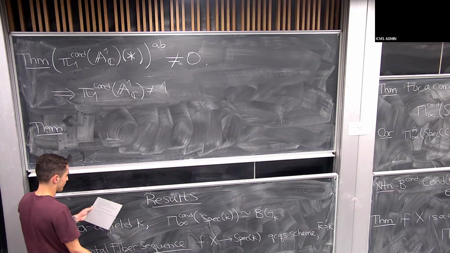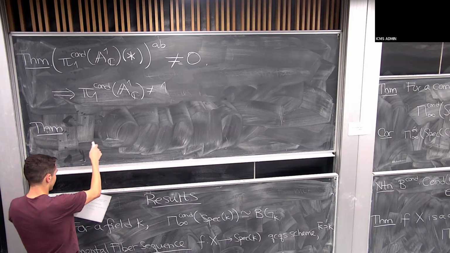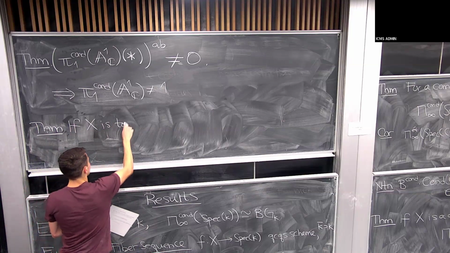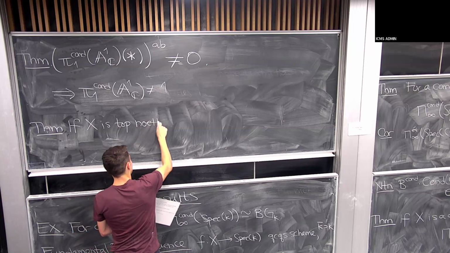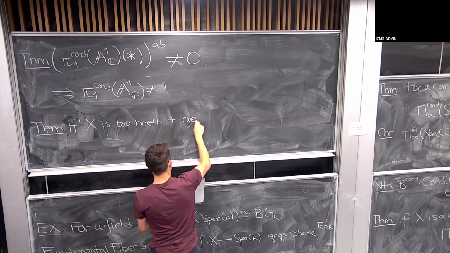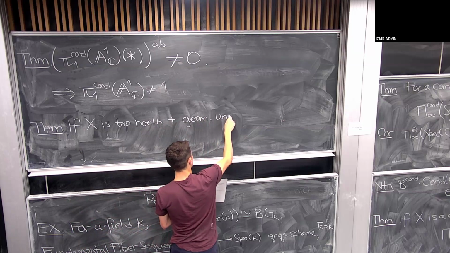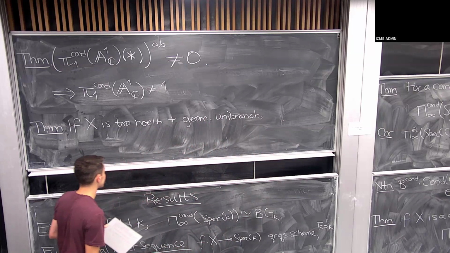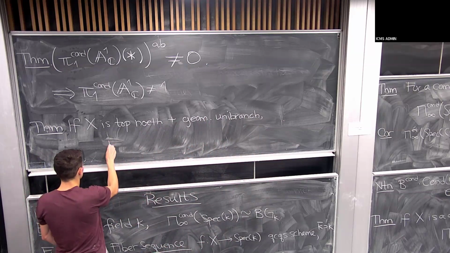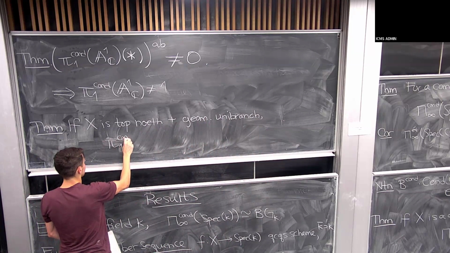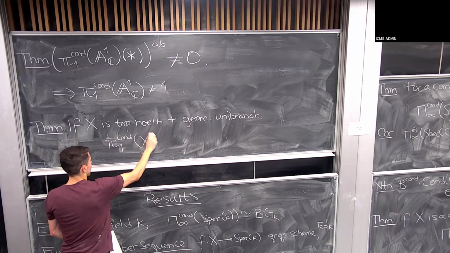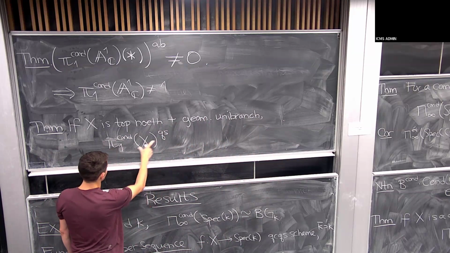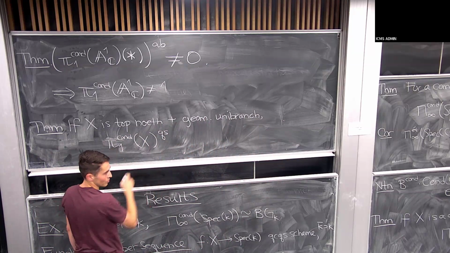If X is topologically Noetherian and geometrically unibranch, for example smooth over a field, then you can fix this guy up. There's a quotient of condensed sets and also condensed groups that Clausen and Scholze introduced, called the quasi-separated quotient.